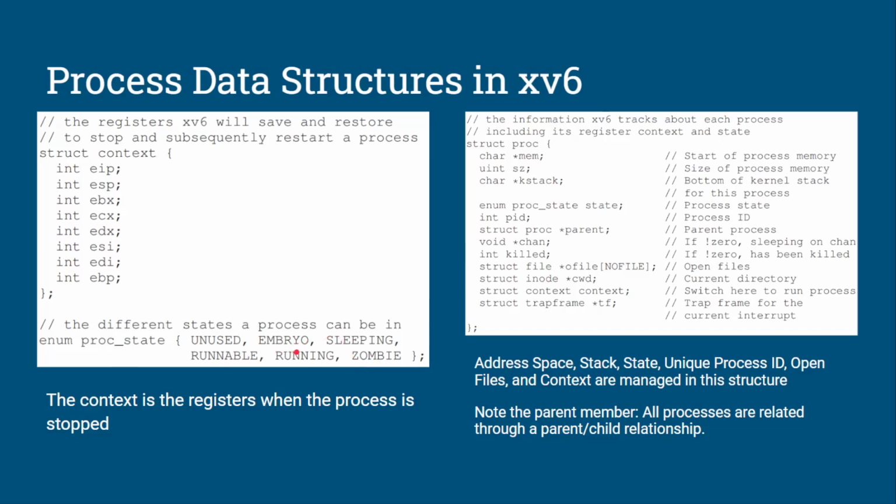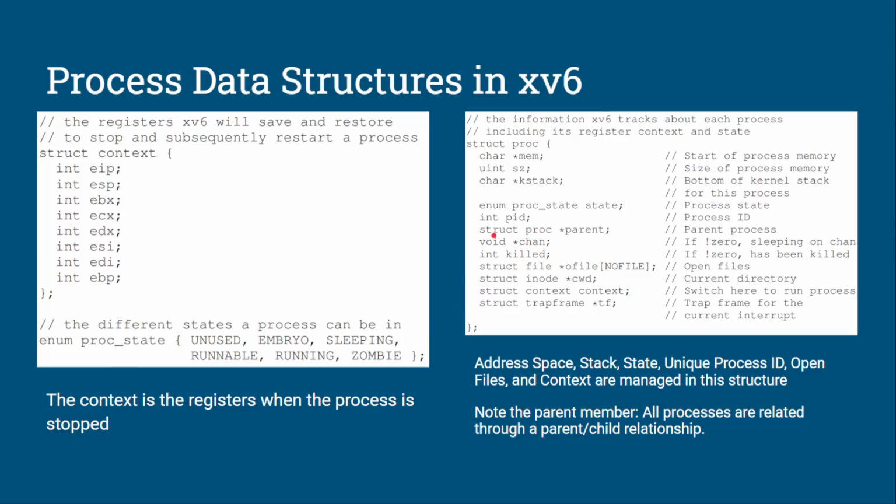You move from unused to embryo when a process is very first created. You move from embryo to the runnable state when the process has had everything allocated, and you move from running to the zombie state when a process terminates.